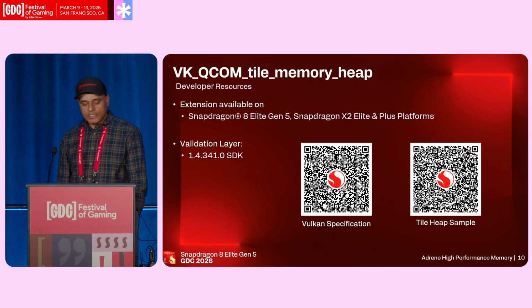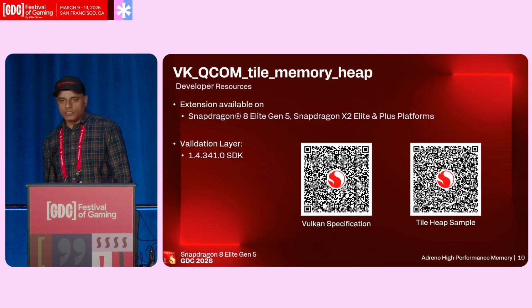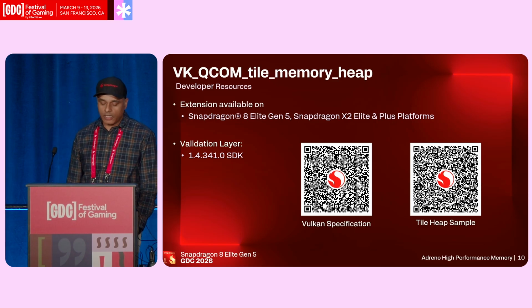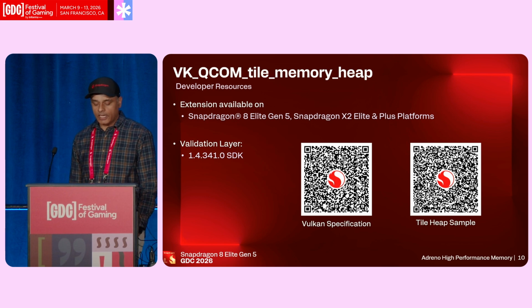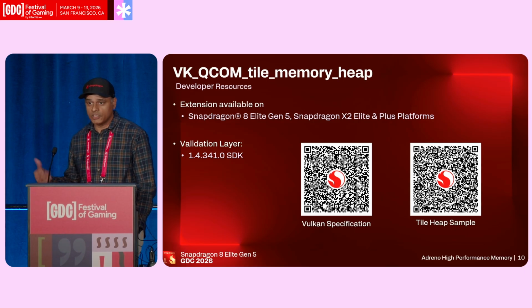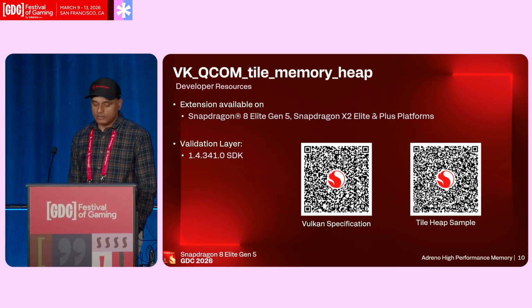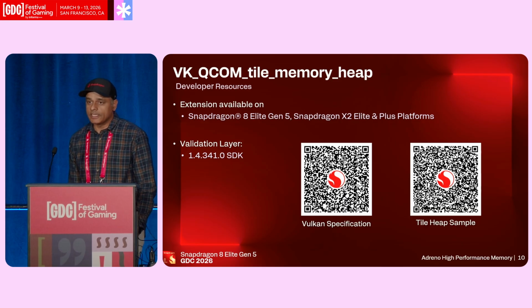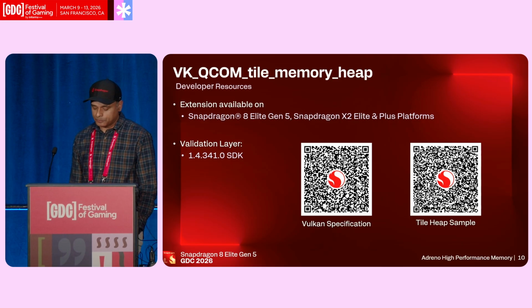Moving on, this extension is available on Snapdragon 8 Gen 5 for Android and Snapdragon X2 Elite and Plus platforms for Windows and Linux. We have also added validation layer support. There is a version of the validation layer. And I provided more resources, the Vulkan spec, and also there is a sample repository on GitHub that I pointed out there.